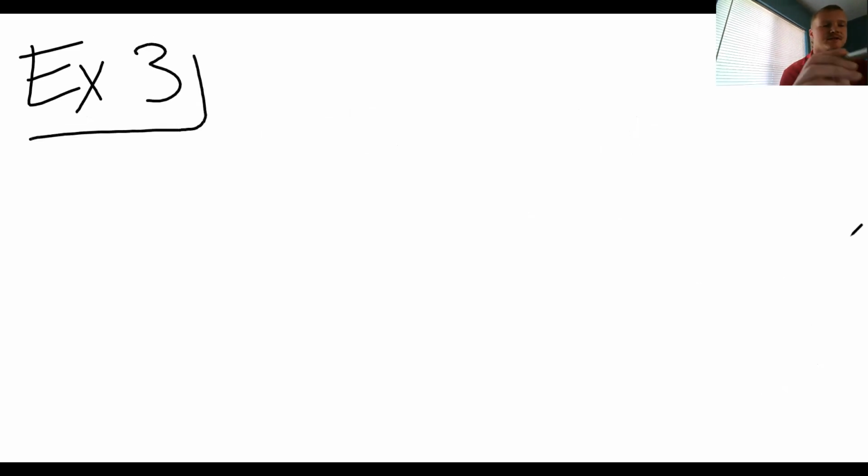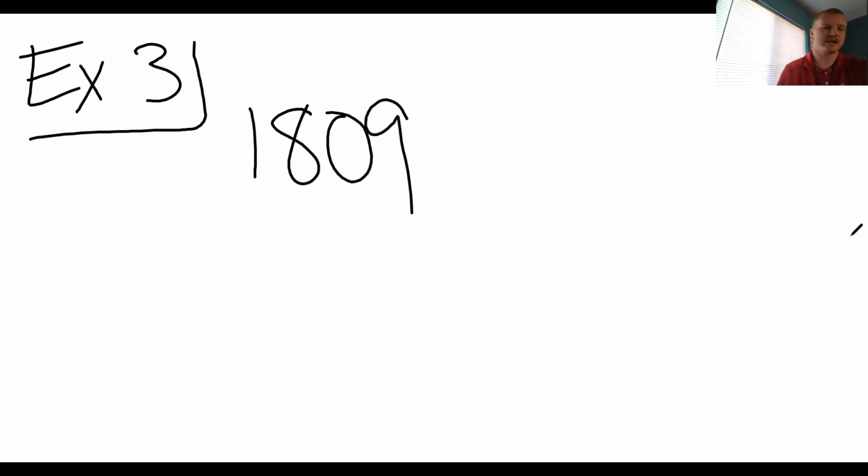Okay, example 3, and this is about halfway down on page 65, if you're wondering where I'm at. Example 3: Abraham Lincoln was born in 1809 and he died in 1865.